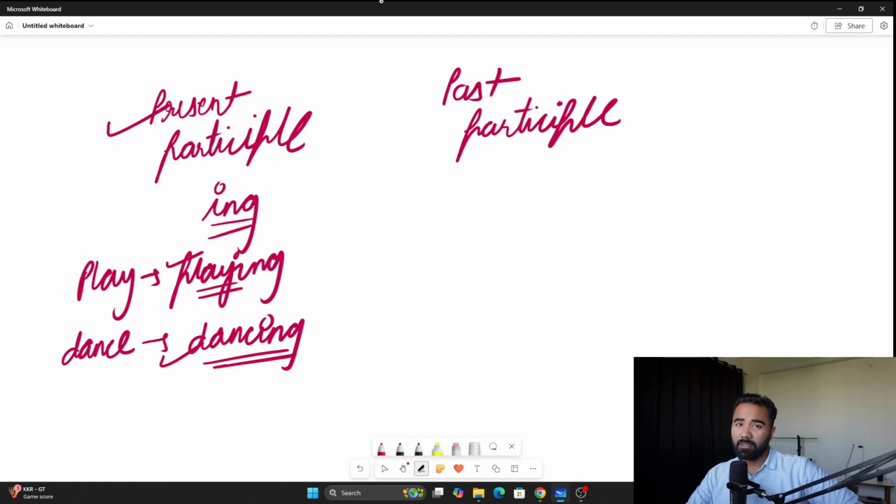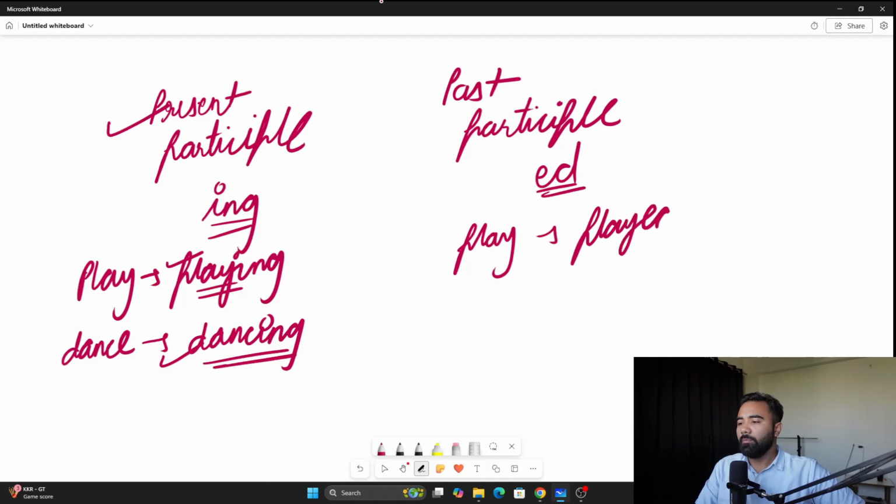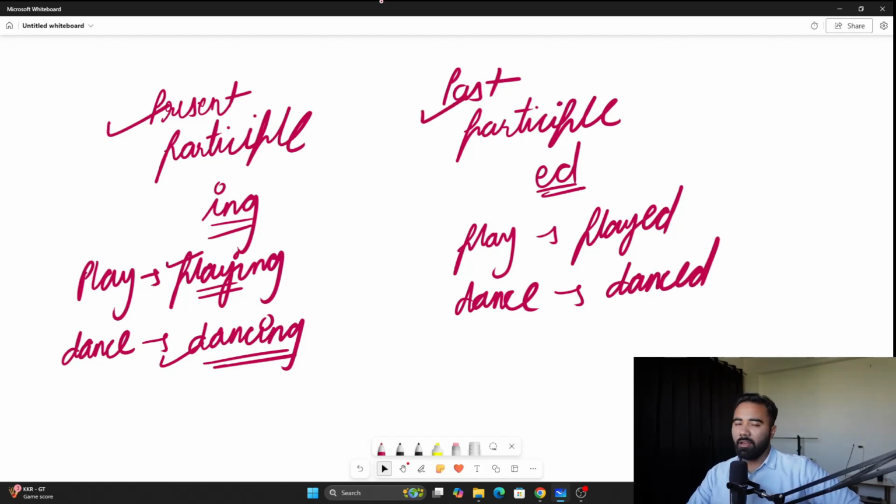Similarly, we also have a past participle. The same thing is when you have an ed attached towards the end of a word. Play becomes played, dance becomes danced.